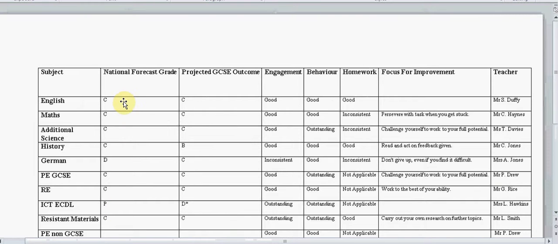Now it's quite complicated how they work that out, but it's based on how well the student performed at Key Stage 2. Obviously students that perform better at Key Stage 2 will have a higher expectation at GCSE. People that didn't perform so well will have a lower expectation. It's also based on the age the student was when they took their tests at the end of Key Stage 2.